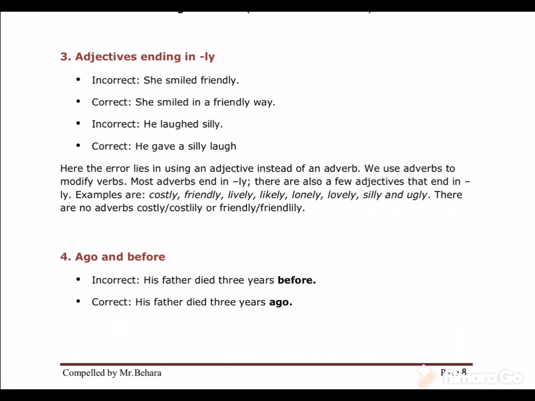As we know, an adverb is one of the important parts of speech that modifies or provides more information about the verb in a sentence. An adverb can also modify a quality or an adjective.